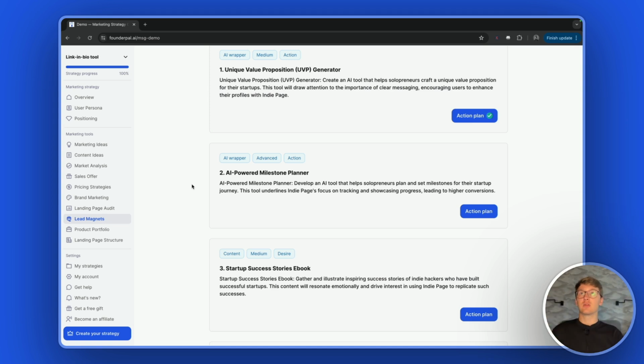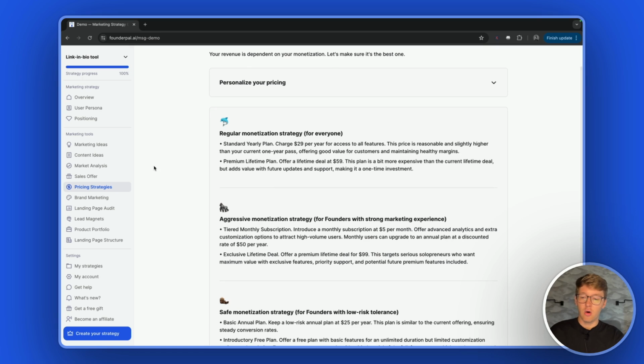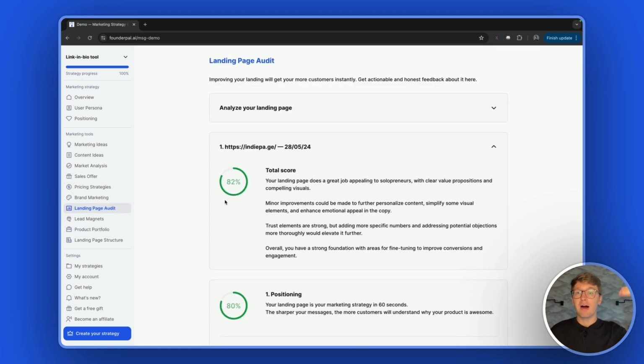So these ideas will keep you busy during your marketing weeks when you are ready to grow your SaaS, and when you are curious how to improve the conversion rate of your funnel, you can go to features like pricing strategies or features like landing page audit to improve your marketing funnel steps and just increase the conversion rate of your existing marketing efforts. So all of these features are available right now on the platform.